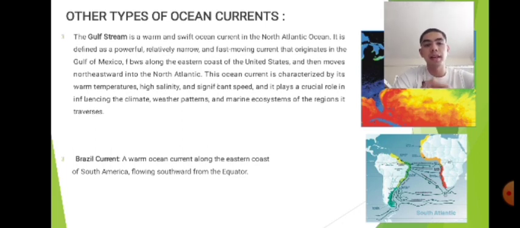Next is the Brazil Current, a warm ocean current along the eastern coast of South America, flowing southward from the equator.